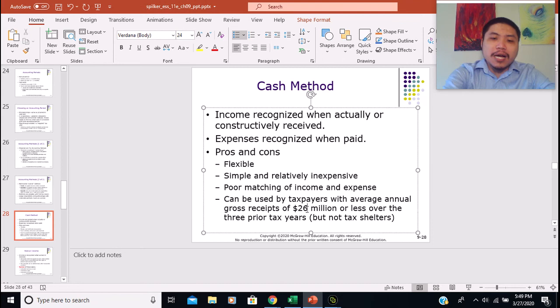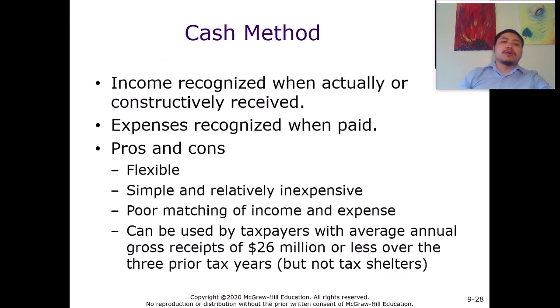But larger corporations should follow the accrual method, because it's important for those corporations to make a good match between income and expenses. And larger corporations have the resources to maintain the books in the accrual way. Even though it is expensive, because they are big, they have the resources to maintain such a complex set of books.